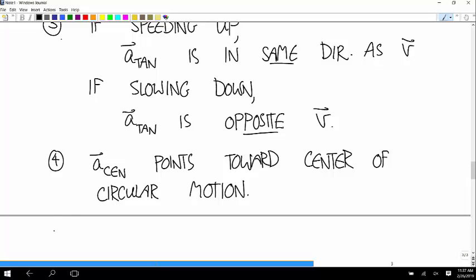And then last, the total acceleration vector is equal to the tangential acceleration plus the centripetal acceleration.